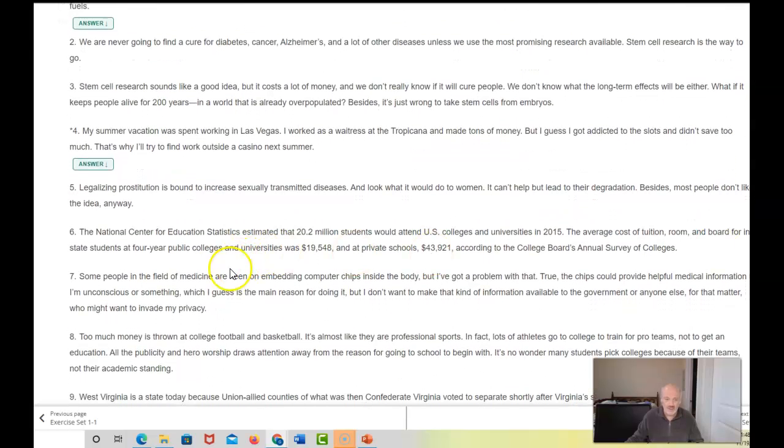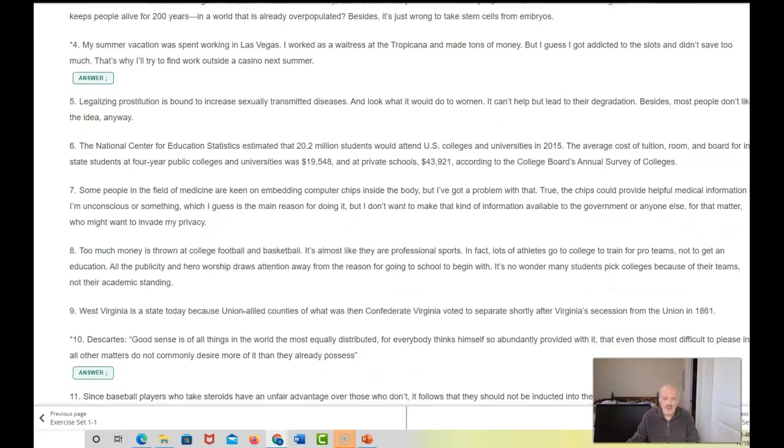Another good example of a non-argument is number 6. Again, if you read it to yourself, you will see it's nothing but a list of facts, numbers, and other facts about colleges in general, never reaching or even attempting to make a conclusion.